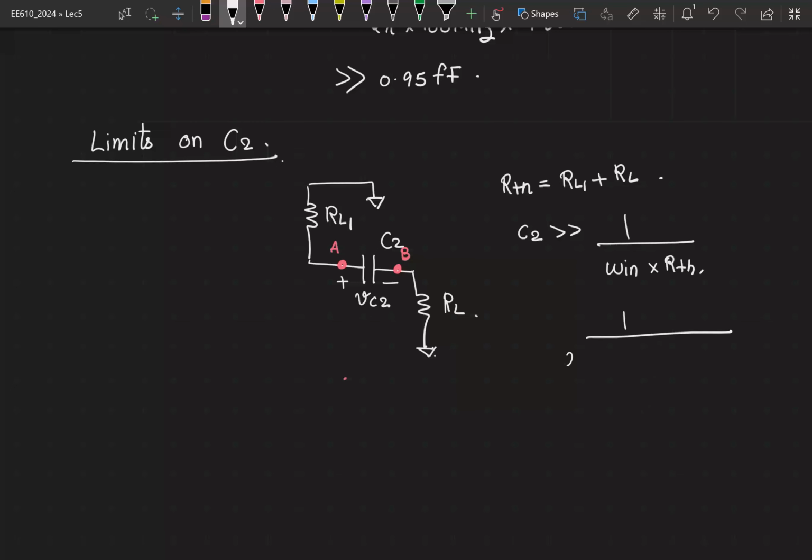So this corresponds to 2 pi into 100 megahertz into, what is the value of RTH? 20 kilohms. How much do you get? 79.6 femtofarad. Okay. So this has to be much, much greater than around 80 femtofarad.